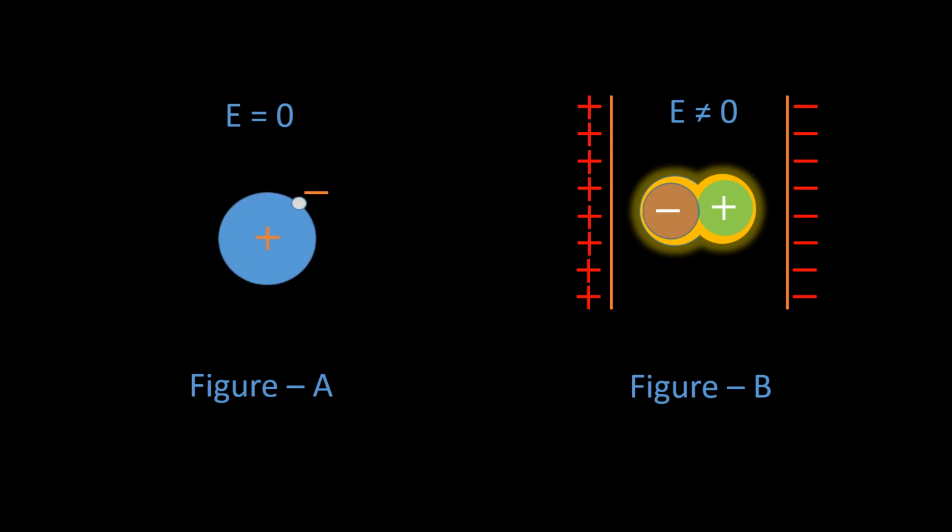How much is the separation between the centers of negative and positive charges? It depends on the external electric field. The more the field, the more the separation. So dipole moment is directly proportional to the external electric field. Thus, when a nonpolar molecule is subjected to an external electric field, a dipole moment is induced.